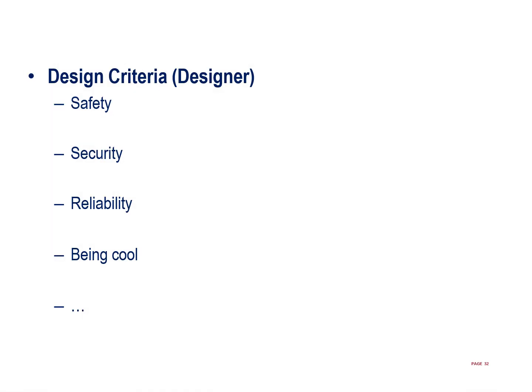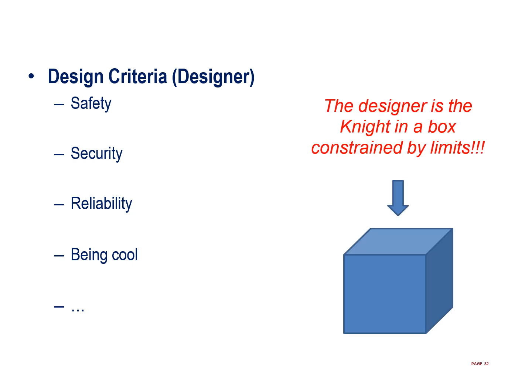The design criteria for the designer are about safety, security, reliability, being cool, and whatever you can add to make the product look better. So the designer is a knight in a box constrained by limits. You cannot dream. You should always keep your dream within the limits of possibilities.